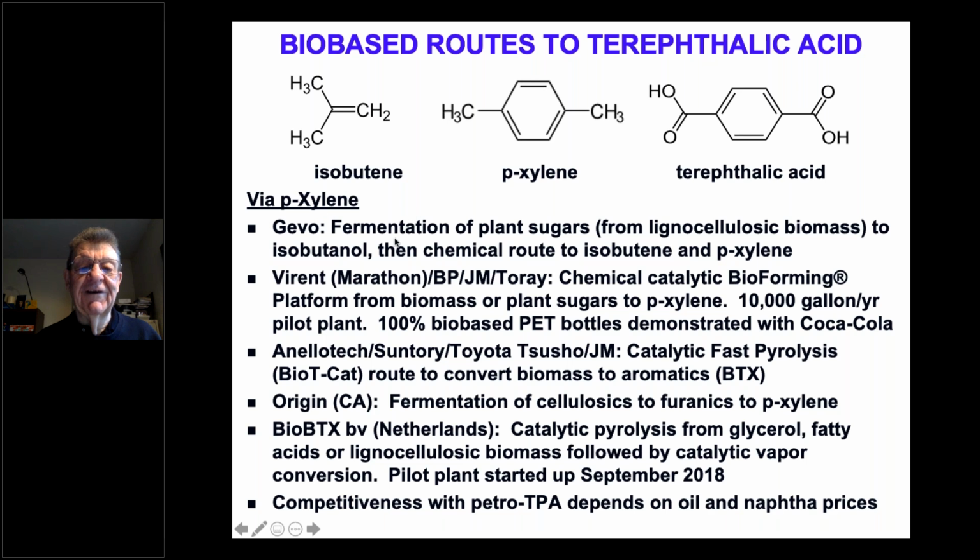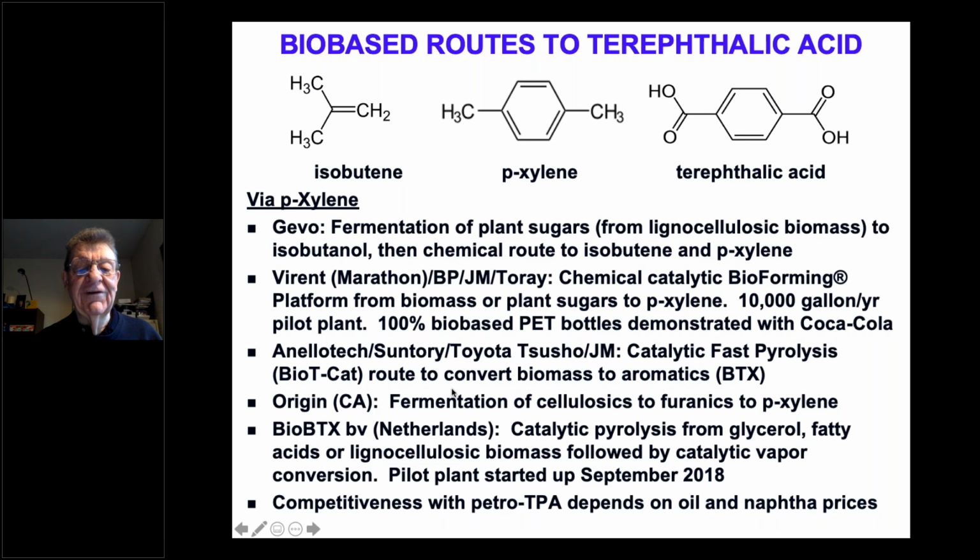GEVO, that we talked about before, from isobutanol to paraxylene. Virent, together with Johnson Matthey and BP and Toray, a chemical catalytic process to go to paraxylene. Anellotech, also working with Johnson Matthey, catalytic process to aromatics, BTX, benzene toluene xylenes, which is what you get out of the petrochemical process as well.